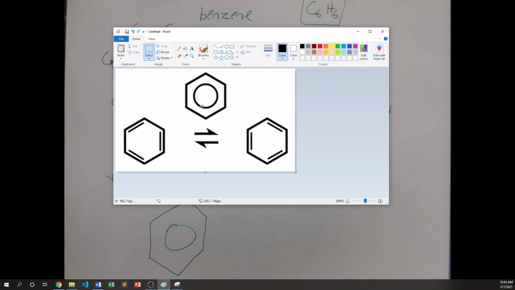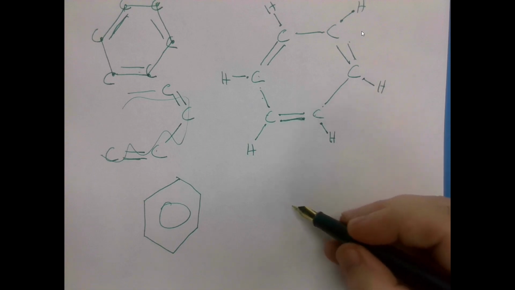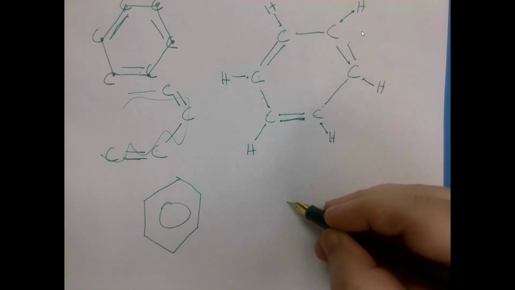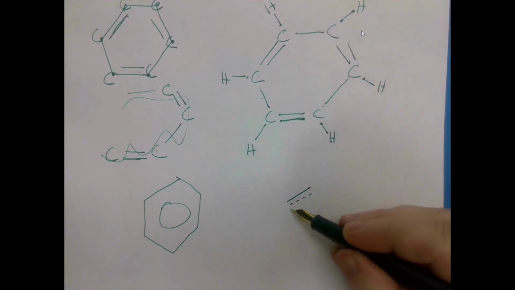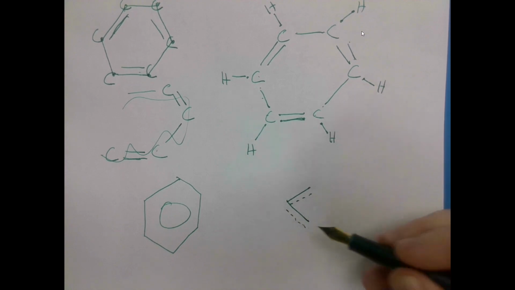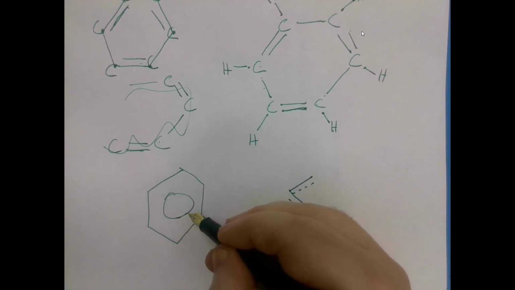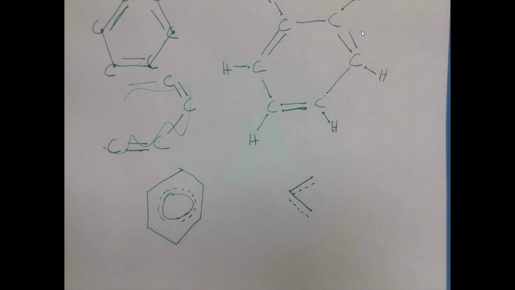You don't need to know this. I don't give y'all any on the homework or test that has the circle. But you do see stuff like this. So I'll just make something up. If you ever see this, where you see two dashed lines, and sometimes this circle is written as a dash circle, it means alternating.